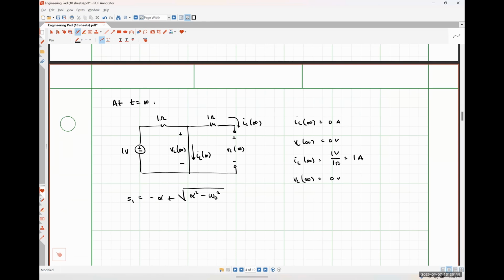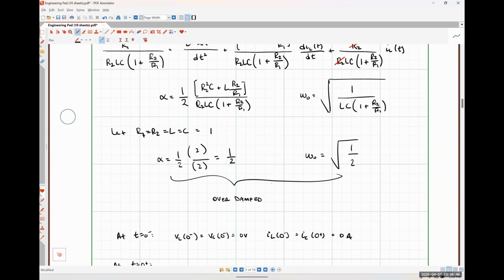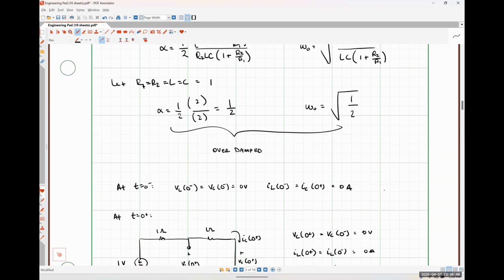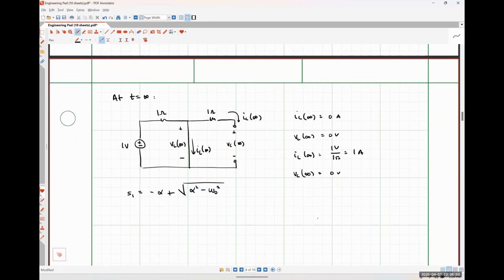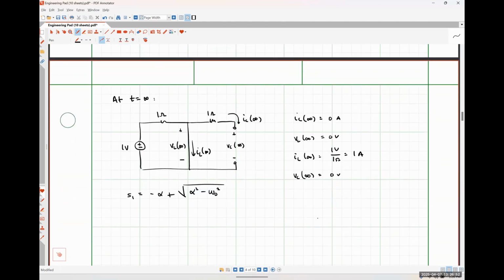Alpha is 1/2, if I'm remembering correctly, and omega naught is just the square root of 1/2. So negative 0.5 plus the square root of 0.5 squared minus the square root of 1/2 squared.